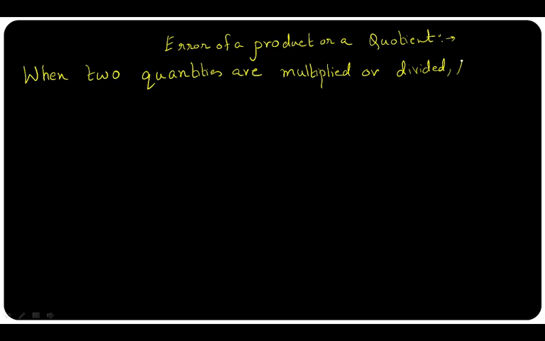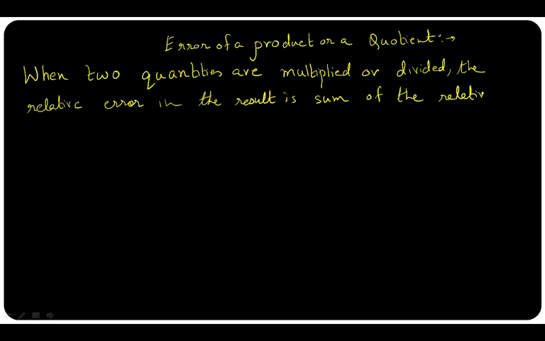the relative error in the result is the sum of the relative errors in the multipliers.